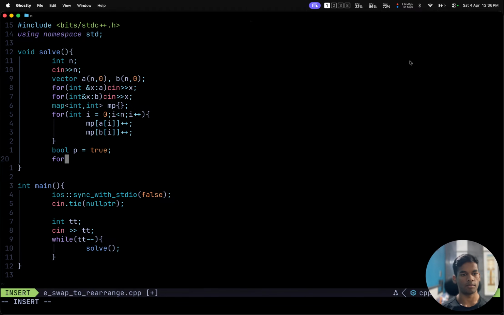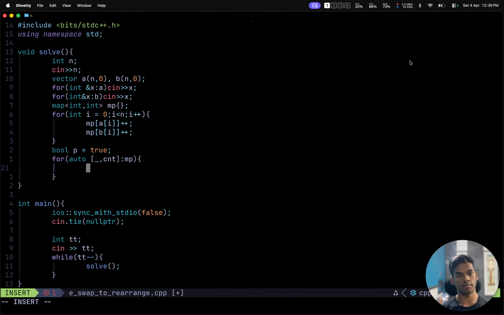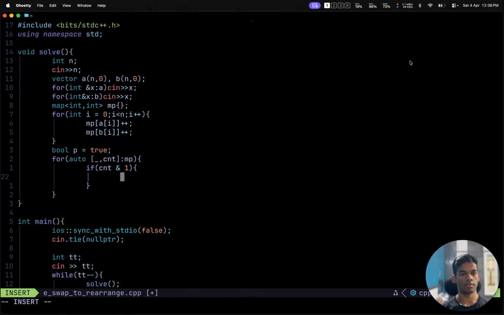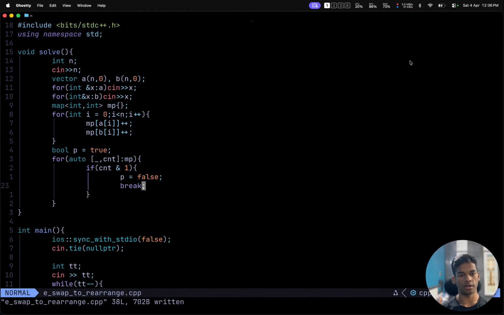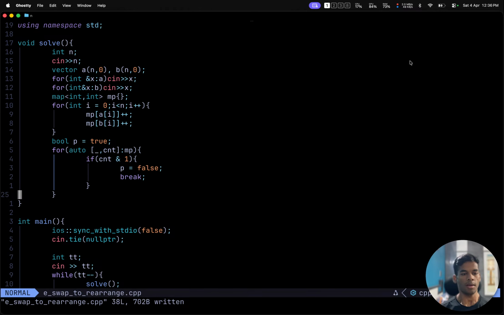And then for auto, nothing, we just need the count in MP. If C and T is odd, then possible equals false and break, but otherwise we need to find the correct solution.